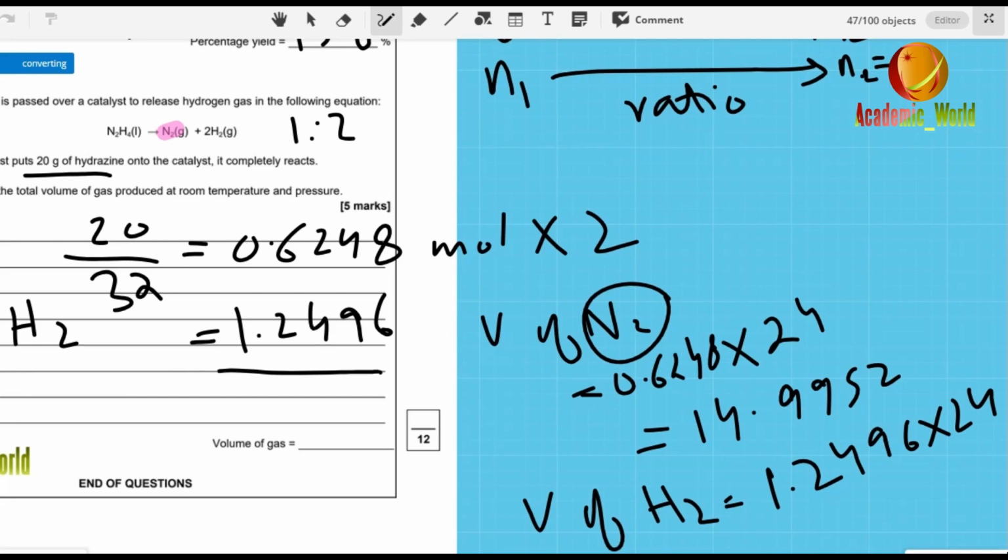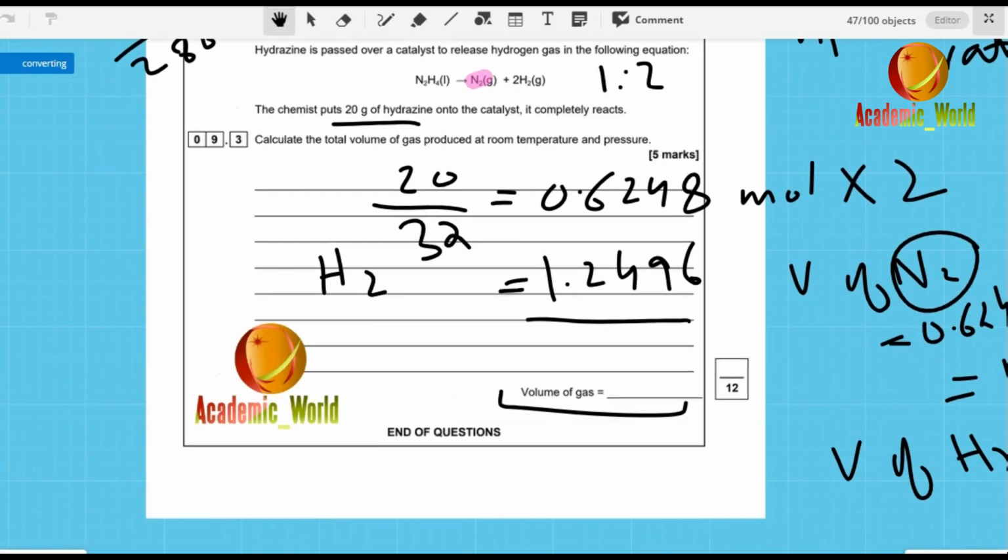Because you have to write the volume of the total gas, not only the volume of hydrogen gas. Okay, so that is equal to 29.9904.